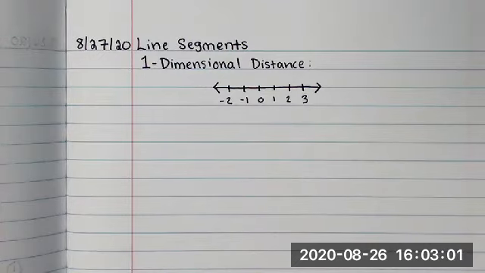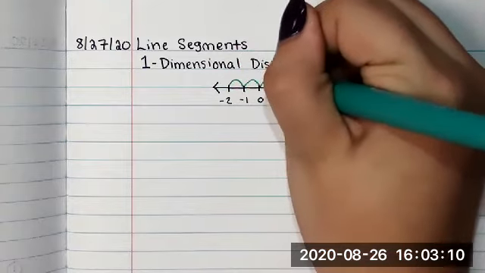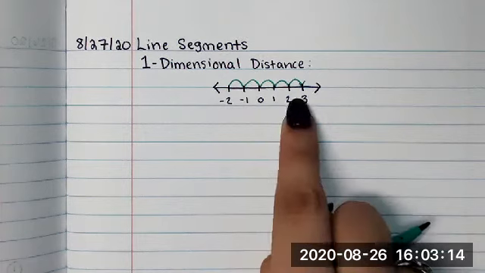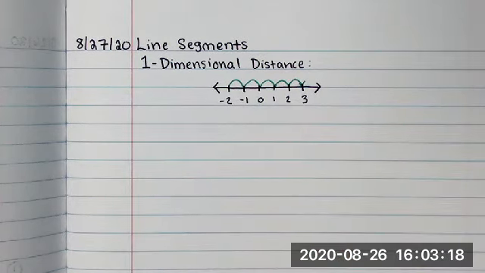It has one extra step to it, but whenever we have the visual, we could just count the numbers. That's 1, 2, 3, 4, 5. So it takes 5 increments to get from -2 to 3 on the number line, and that represents the one-dimensional distance between the two numbers.